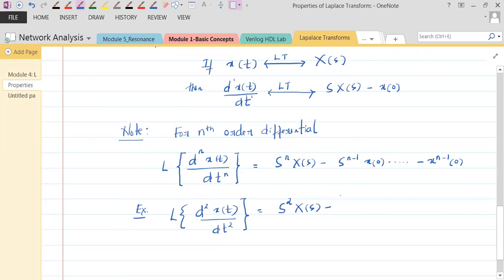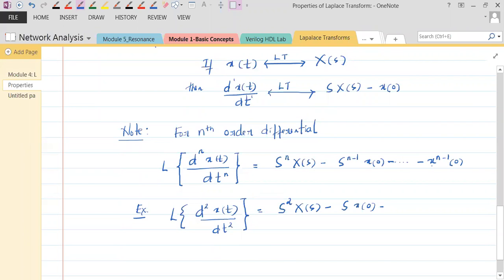So s to the power 2 minus 1, so it is s, x of 0, and throughout minus what you would have. 2 minus 1, what does that mean?